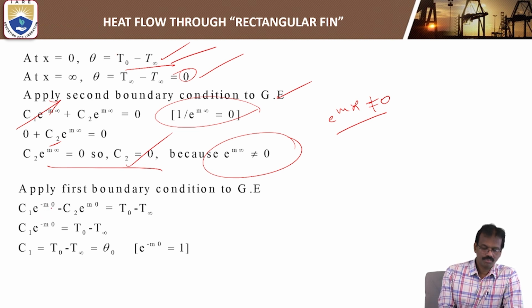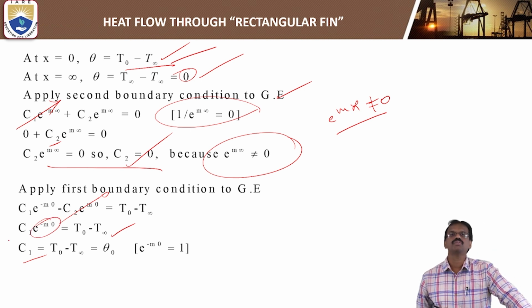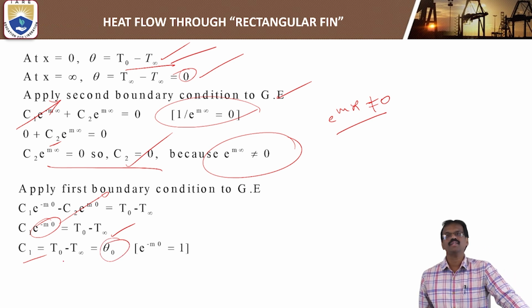So C1 e to the power of minus m0 plus C2 e to the power of m0 is equal to T naught minus T infinity. Here C2 is equal to 0, so this term will be 0. Then C1 e to the power of minus m0 is equal to T naught minus T infinity. Because e to the power of 0 is equal to 1, C1 is equal to T naught minus T infinity, which you can rewrite as theta naught.